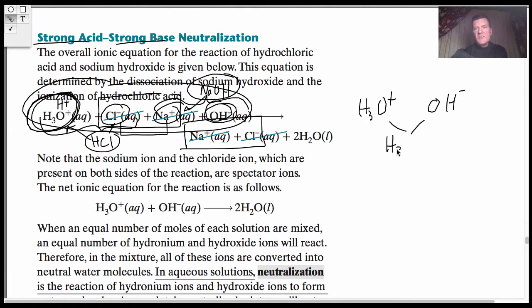So we have an H2O twice. There's our two waters there. So the hydronium and the hydroxide really are making water. The sodium and the chloride are just the spectator ions, remember that?